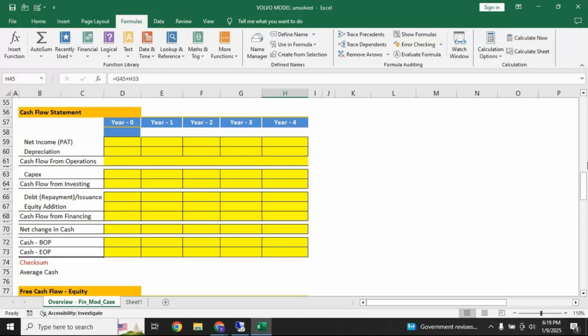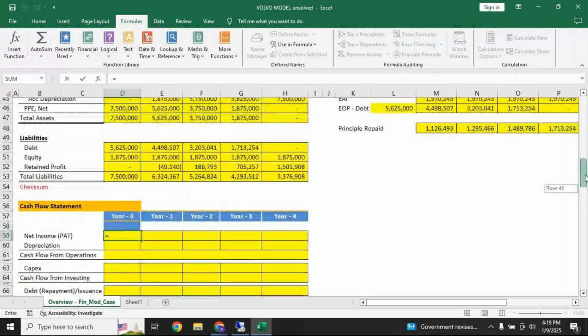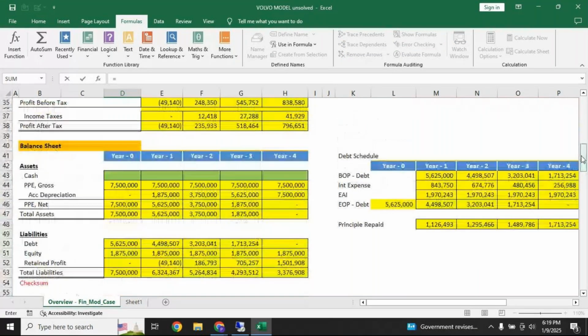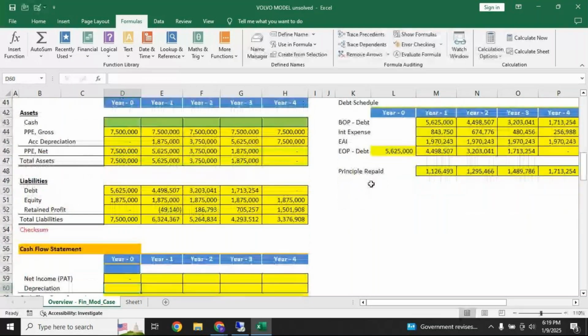So cash flow statement. Profit after tax will be this value, so I bring this value. Then depreciation.